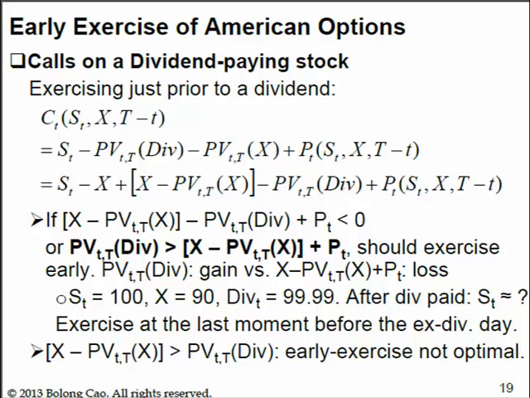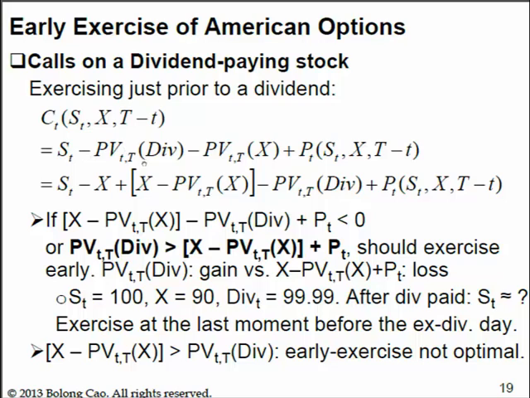All right, now let's see what's the effect of dividend paid to the stock. We know we have to deduct the present value of that cash flow from the spot price. And here we just invoke the put call parity on American options. It's okay. We haven't discussed it before, but we can certainly understand it.